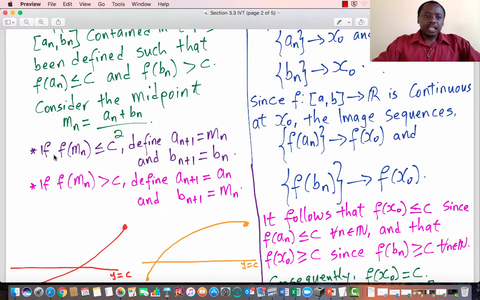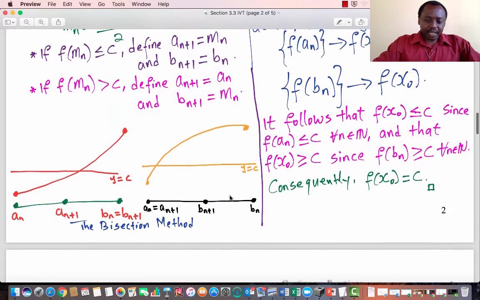Number one, if f of the midpoint is less than or equal to c, then define an plus 1 to be the midpoint mn and bn plus 1 to be bn. If f of the midpoint mn is strictly greater than c, then define an plus 1 to be an and bn plus 1 to be the midpoint mn.